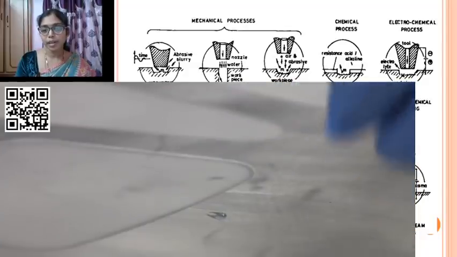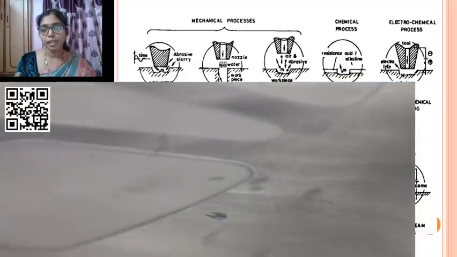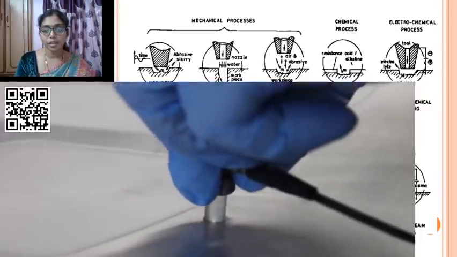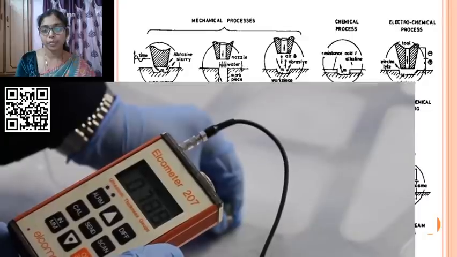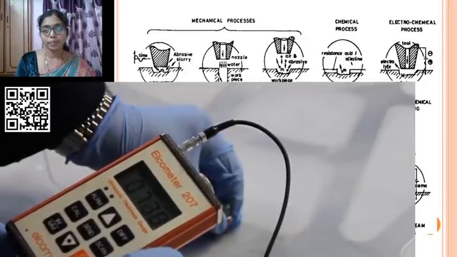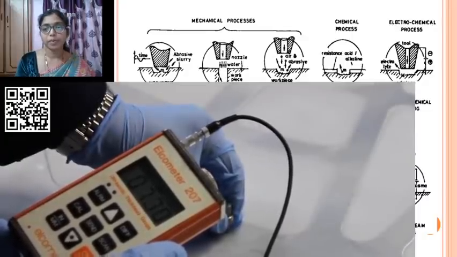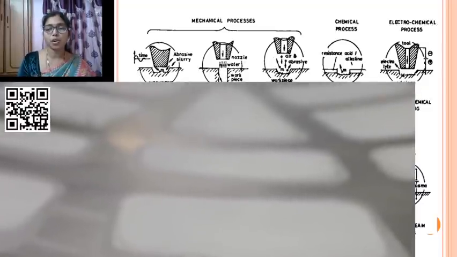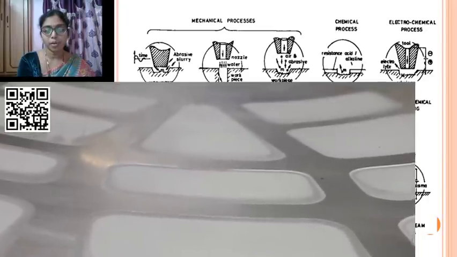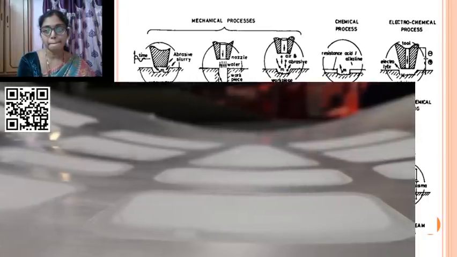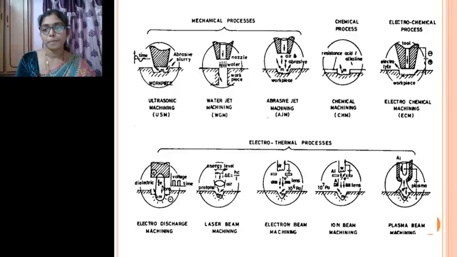You can see the material is lost from the surface at a very fine depth. That is how they check the depth of the surface. Fine slots can be obtained by using this chemical machining process. So these are the different types of unconventional machining processes.